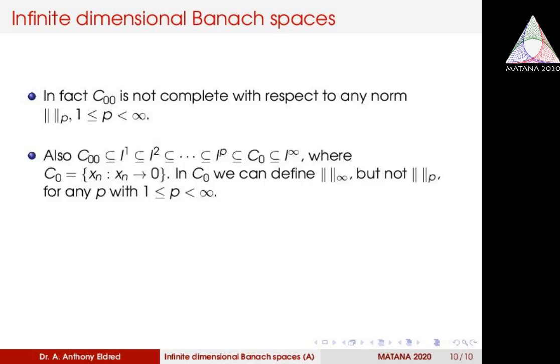And also each member of C0 will belong to any ell-p, because we can define any p norm on C0, and so we can consider C0 as a subset of any ell-p, and also even C0 can be considered a subset of any L infinity.